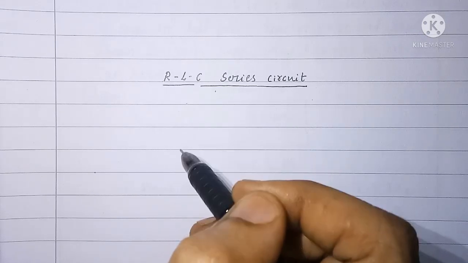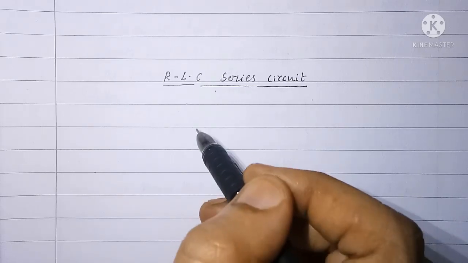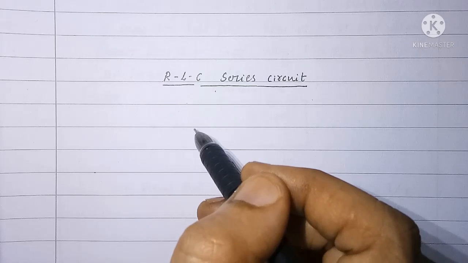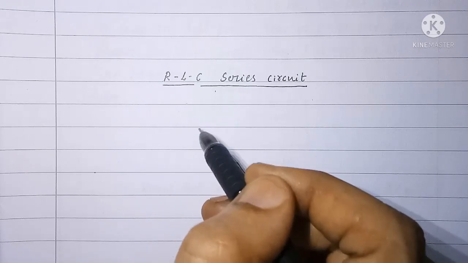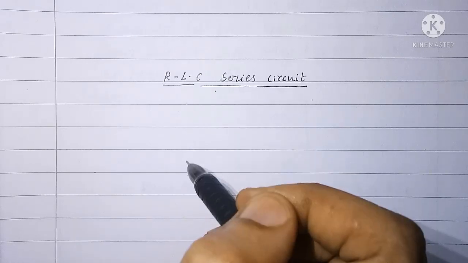If XL is more than XC, then circuit will behave like RL series circuit. And if XC is more than XL, then circuit will behave like RC series circuit.